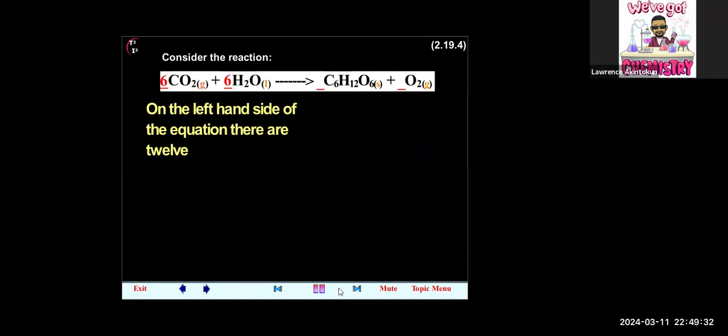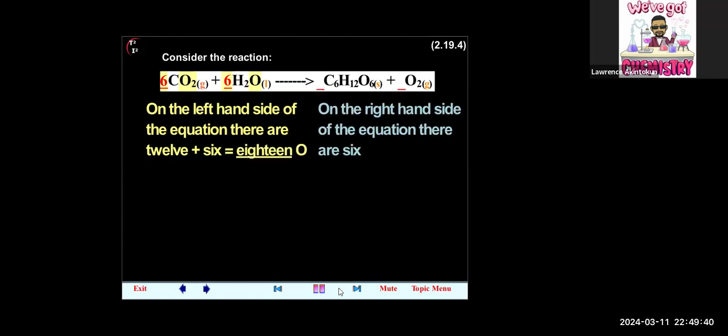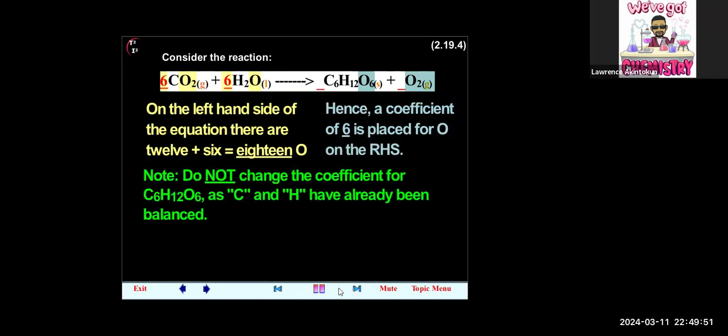On the left-hand side of the equation, there are 12 plus 6 equals 18 O. On the right-hand side of the equation, there are 6 plus 2 equals 8 O. Hence, a coefficient of 6 is placed for O on the right-hand side.